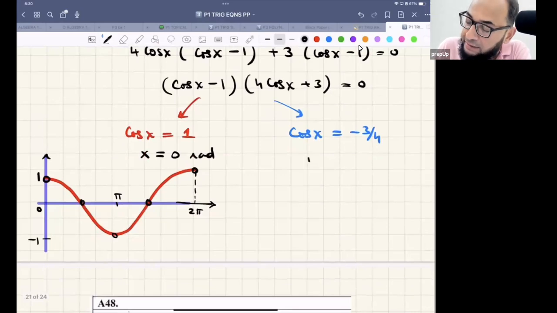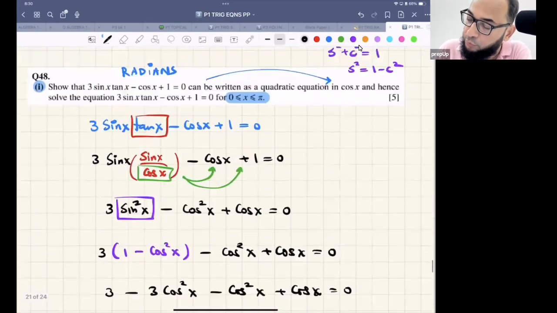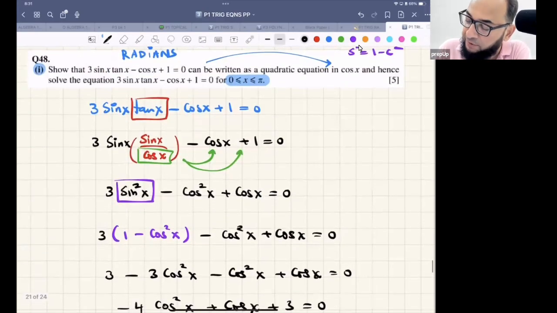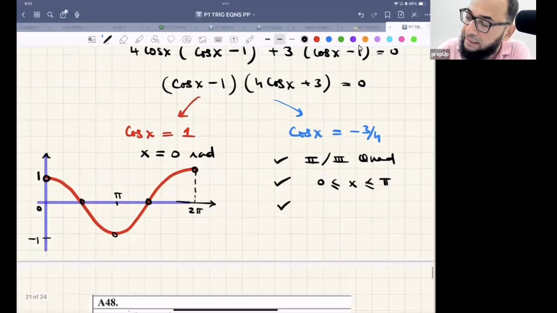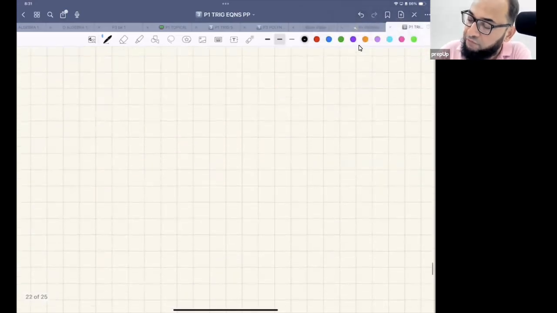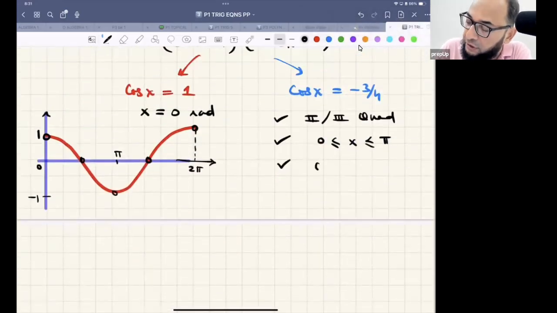So I'll write second and third quadrant. And x lies between 0 and pi. Let me double check. That's perfect, it's inclusive. We have cosine alpha is 0.75.